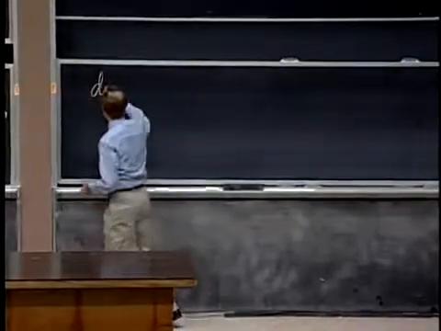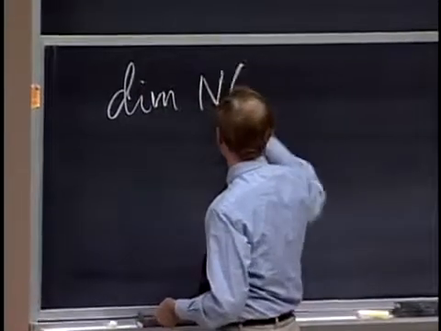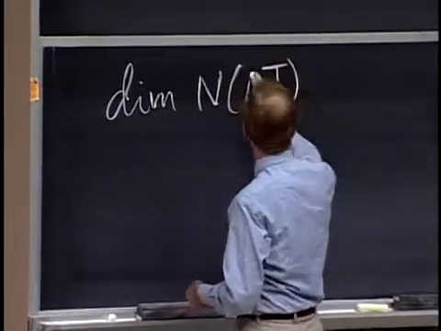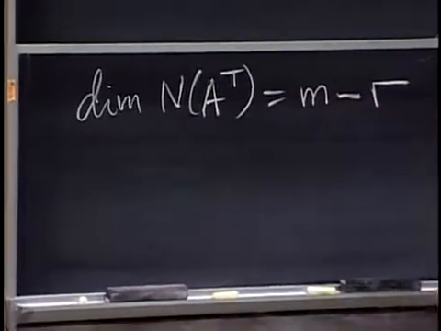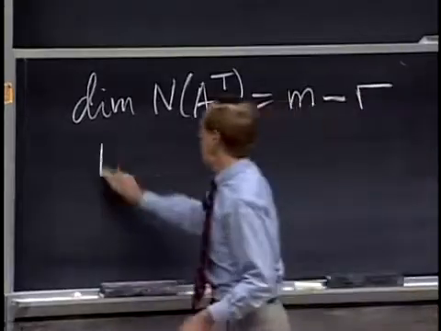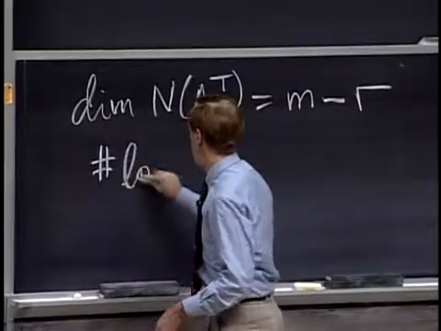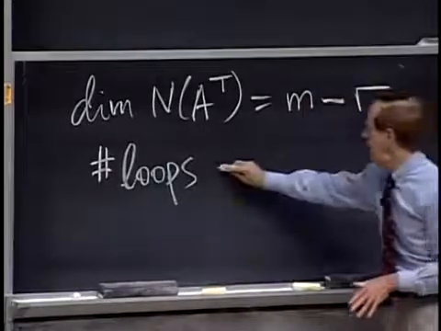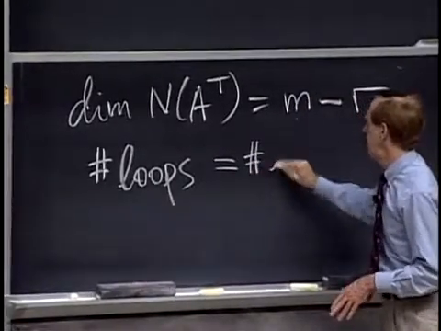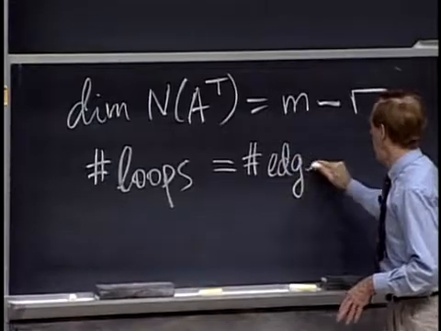The dimension of the null space of A transpose is m minus r. Okay. This is the number of loops. Number of independent loops. m is the number of edges.